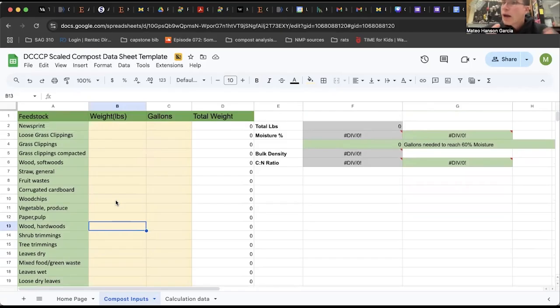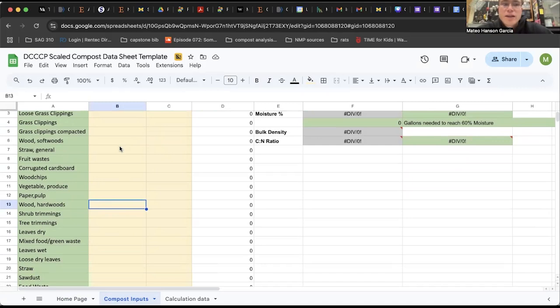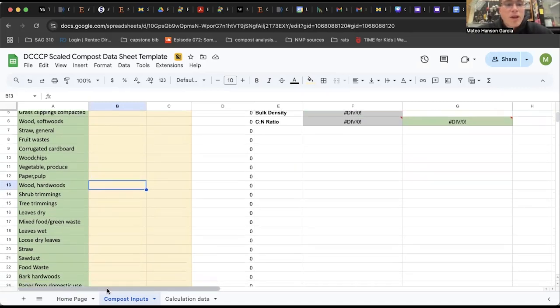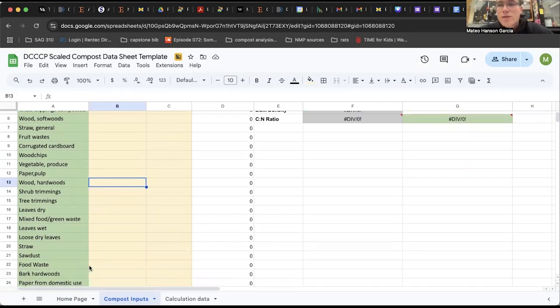And what I would do as you put this information in is I would not stress too much about being too specific within your category. Yes, we have loose versus compacted versus just general grass clippings, right? I would defer to your judgment on which one you think fits the bill. For things like fruit wastes, you could probably also put in food waste, right?